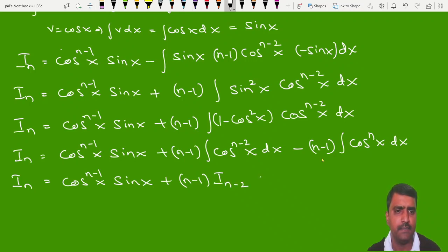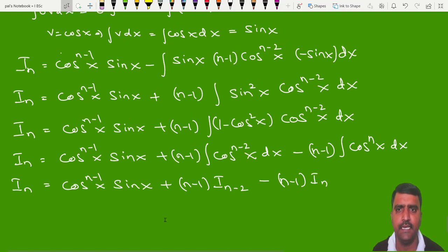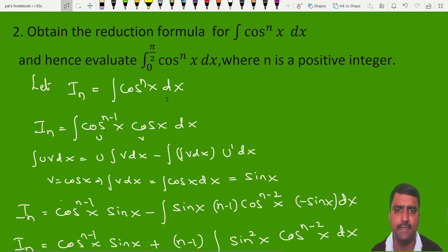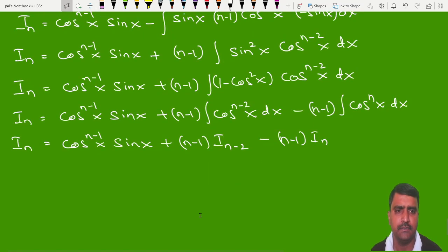Now it is minus n minus 1 into integration of cos to the power n x, which is I n, because we are taking the integration of cos to the power n x as I n. So you can write this as expression 1.